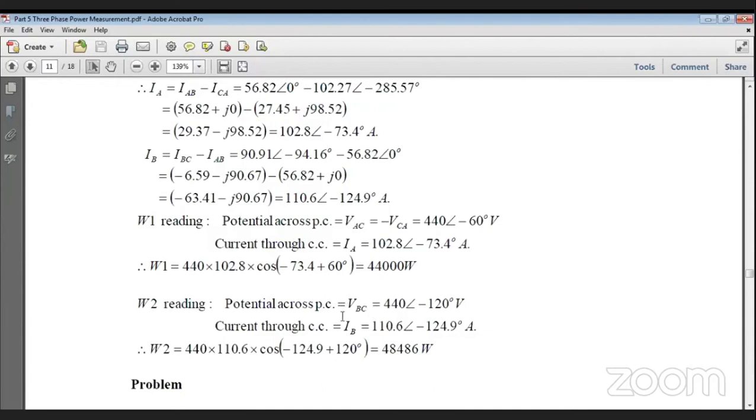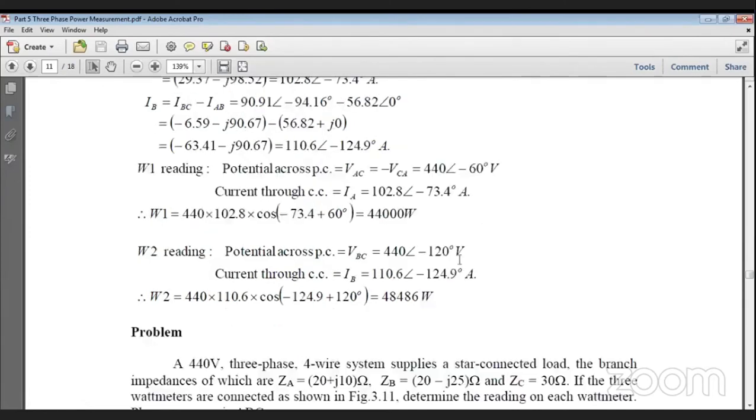Current through CC is IB, which is calculated here. Take these two, then what is the power? 440 multiplied by the current, and the angle between these two. How is it? Simply subtract. That means minus 120, then minus of this. That's it. So 4.9 degrees. Cosine of that, you get the power.